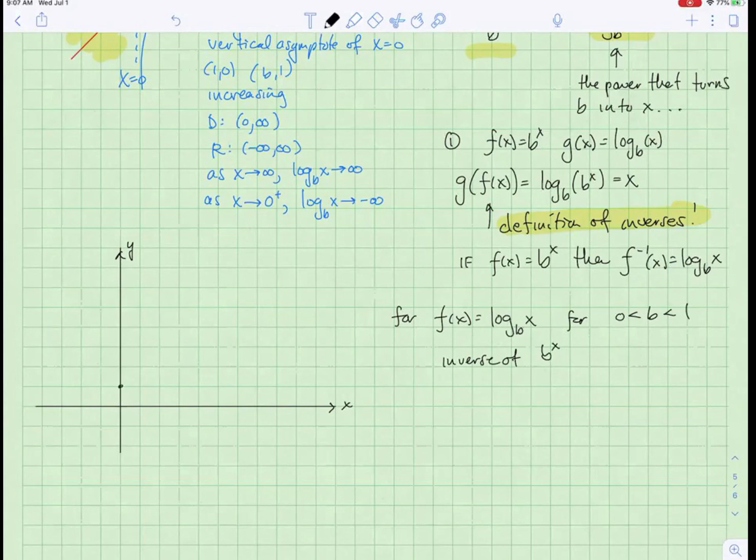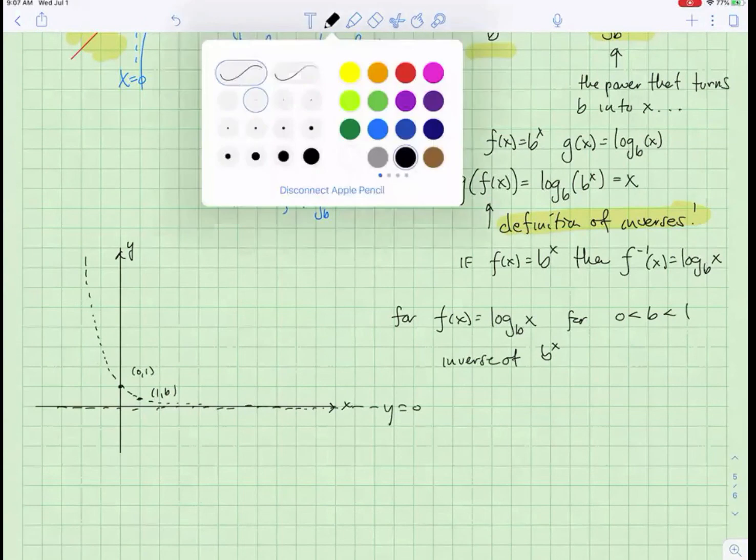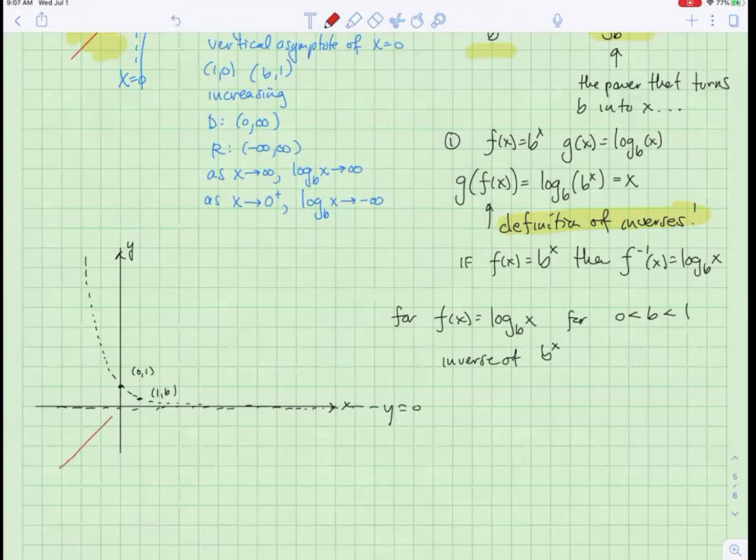So we know that that goes through 0, 1, and then 1, b. And this is an exponential decay curve. Looks something like that. Has that horizontal asymptote at y equals 0. And this is going to be its mirror reflection about the line y equals x.